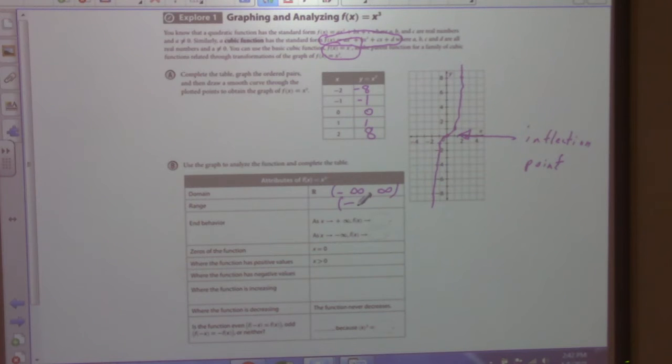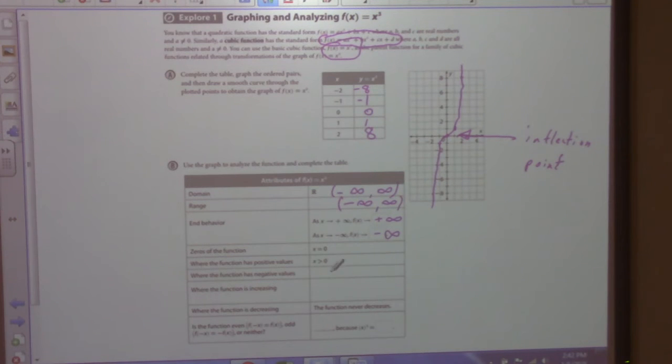Our range is going to be the same as our domain, isn't it? All real numbers. And then our end behavior: as x approaches positive infinity, f of x approaches positive infinity. As x approaches negative infinity, f of x approaches negative infinity.